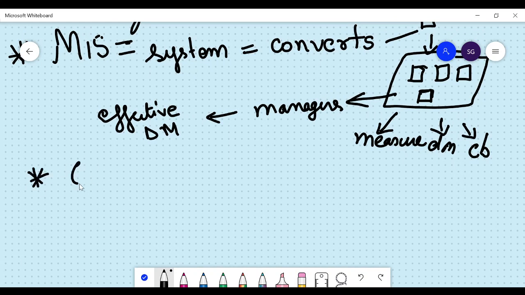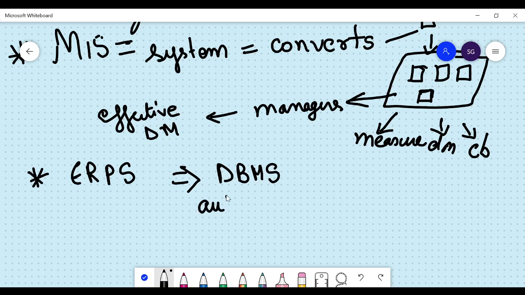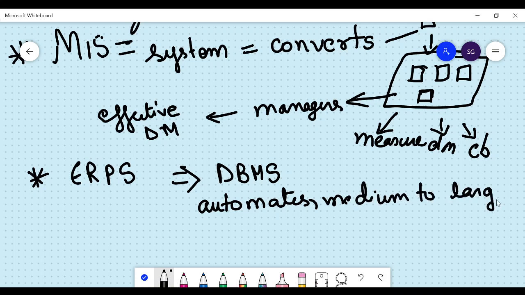Next is Enterprise Resource Planning System. Example DBMS, which is Database Management System. ERPS automates business processes. It is used in medium to large-sized enterprises.